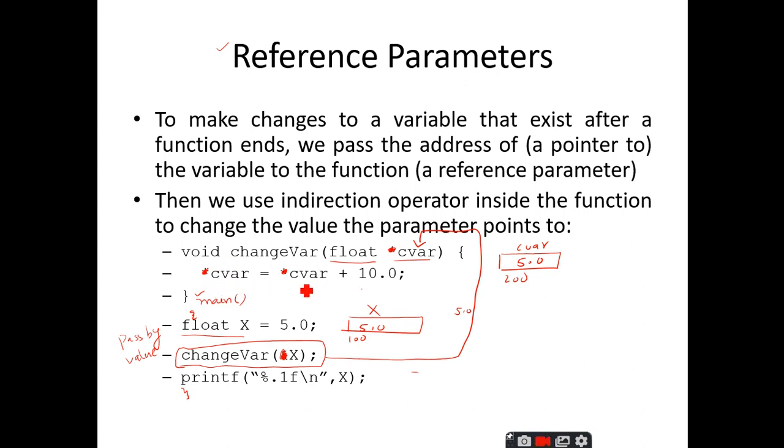Now enter into the body of the function. It is saying that C var is equal to C var plus 10.0. What is C var here? 5.0, sir. 5.0 plus 10.0. What happens here? It is 15.0. But this 15.0 is stored in which variable? C var, sir. Therefore, this 5.0 will be overwritten with 15.0.